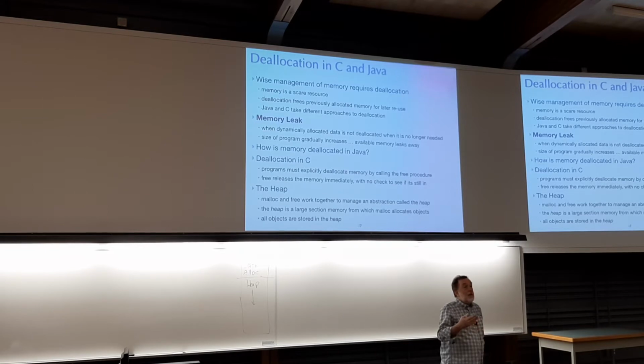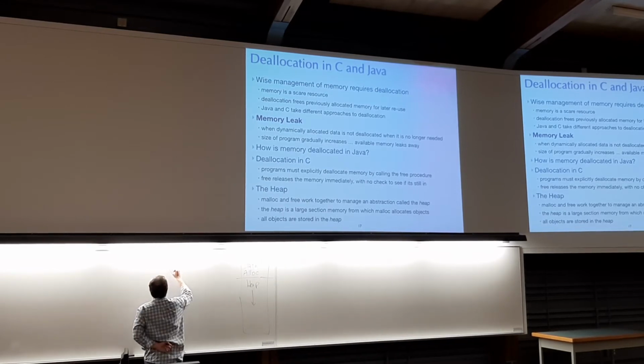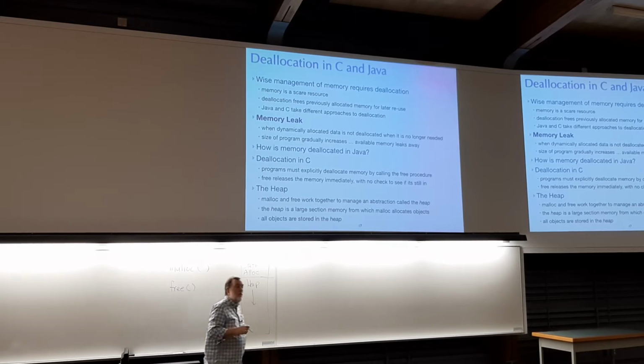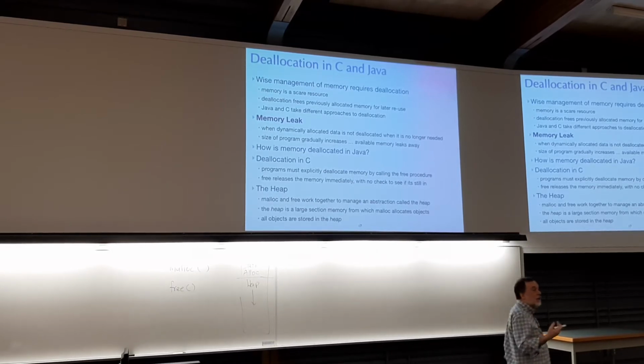This happens in C and C++ by linking in a library. The library implements these two methods, malloc and free. Malloc allocates something from the heap, free frees it, so that memory can be used.